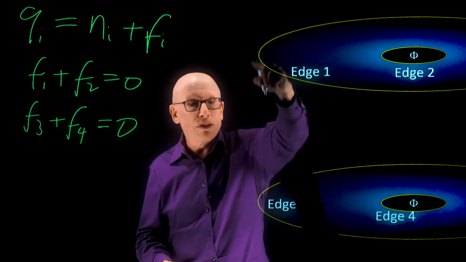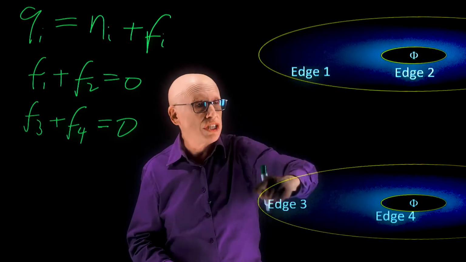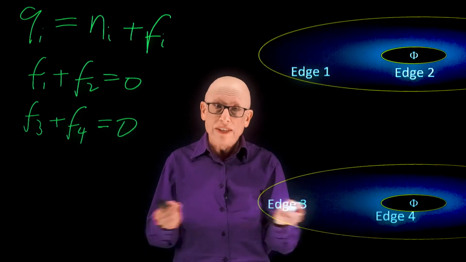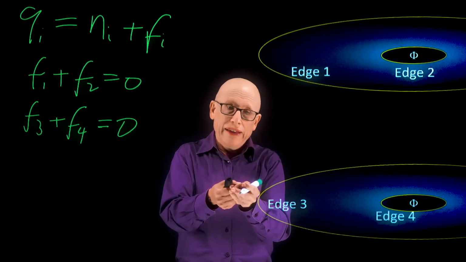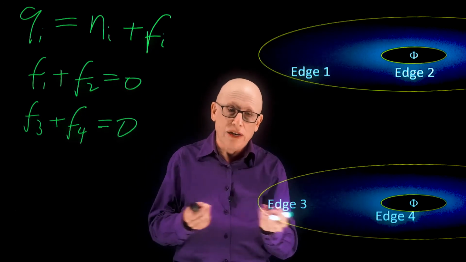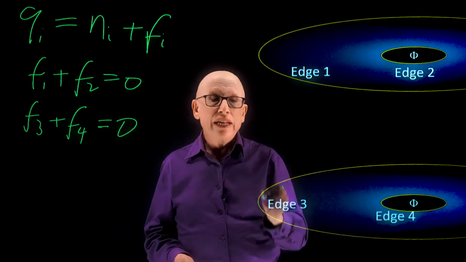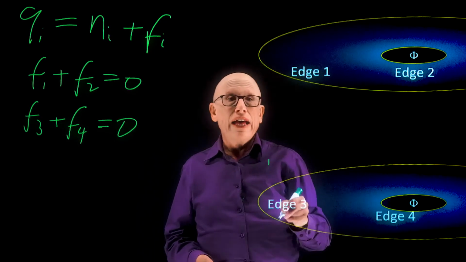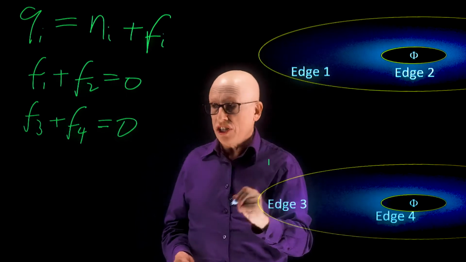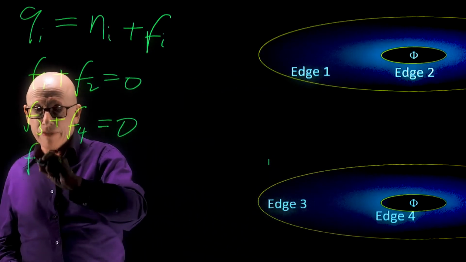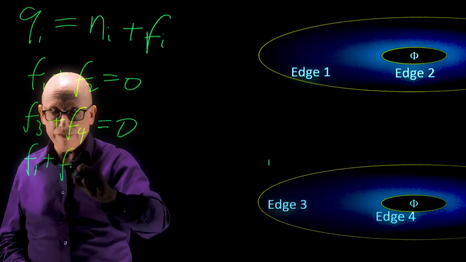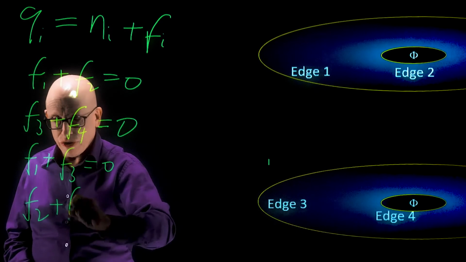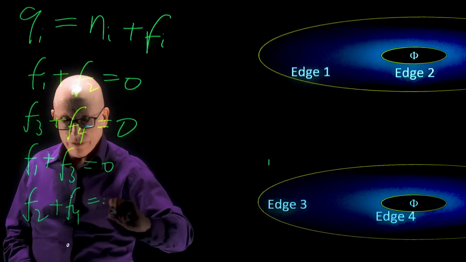In the ground state, the total charge of this edge plus this edge should compensate one another, or should be equal to some background charge, which is an integer. So the sum of these two charges should be an integer, meaning that f1 plus f3 should be 0, and f2 plus f4 should be 0.